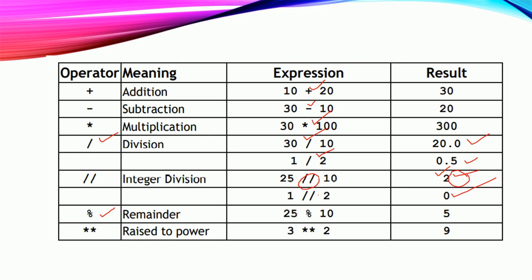If we divide 25 by 10, 2 is the quotient and 5 will be the remainder. As this operator gives the remainder, we get 5. And double star is raised to power: 3 to the power 2 means 3 into 3 is 9, like that. You understood?